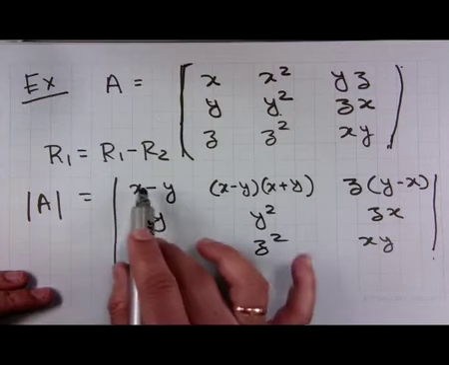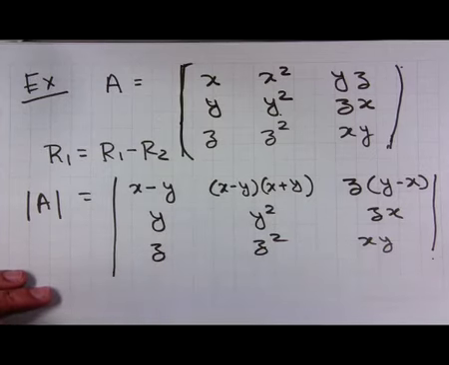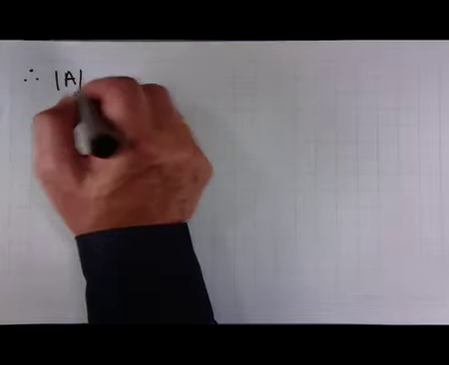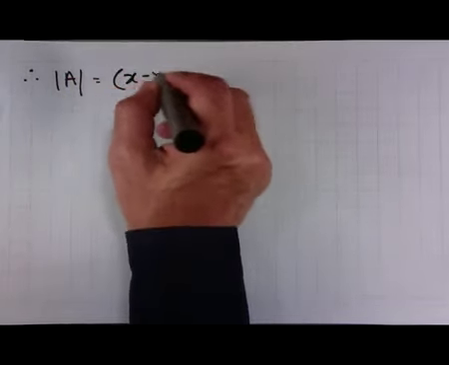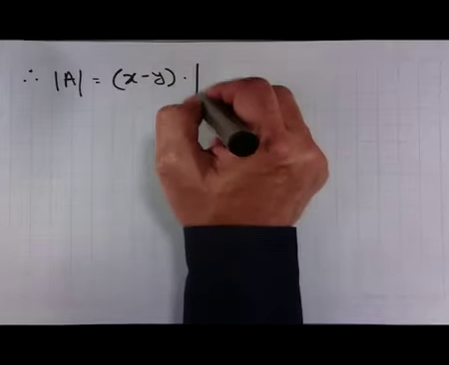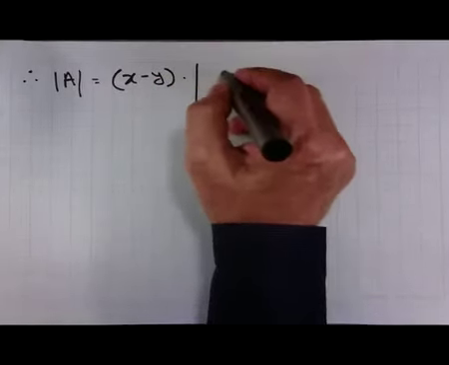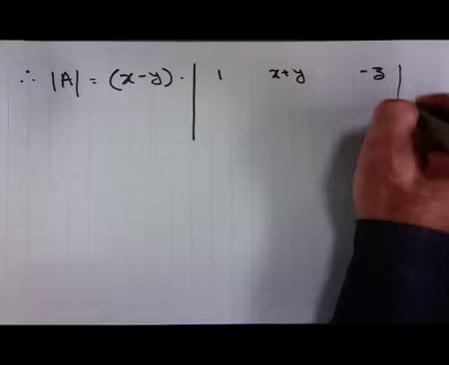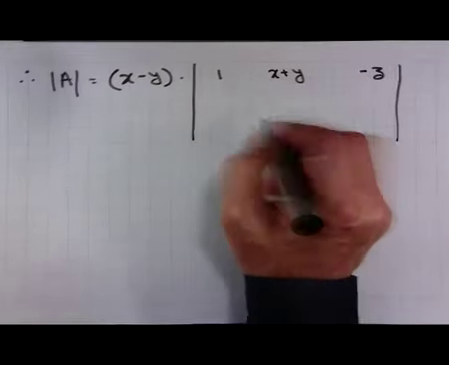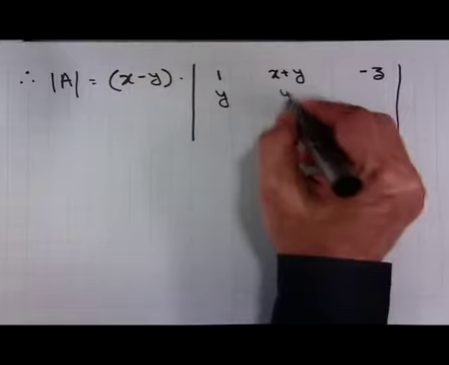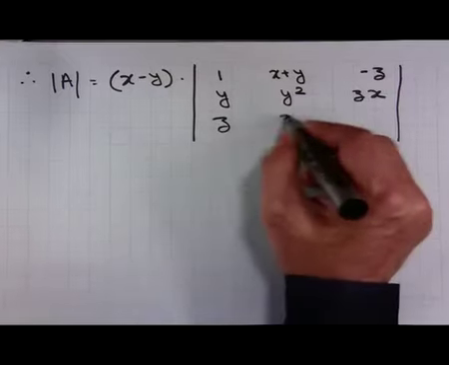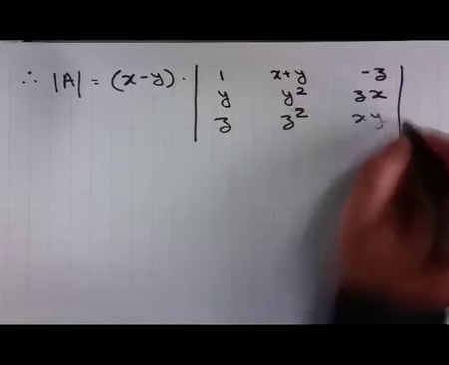Now, we can see that we can take x minus y to be common from row 1. Therefore, determinant of A is equal to x minus y into determinant of 1, x plus y, minus z, because the term there was y minus x, so a minus sign will come, y square, zx, z square, xy.